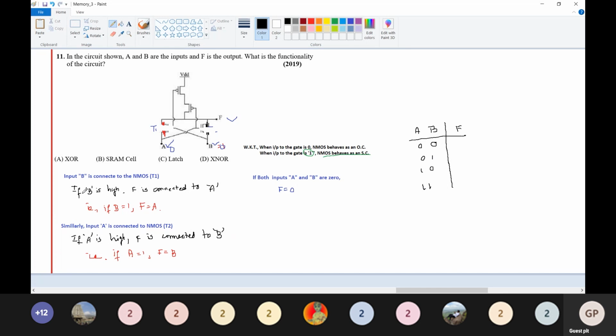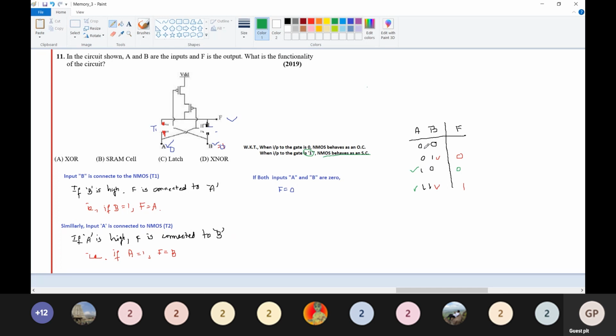Now, if B is equal to 1, F is equal to A. If A is equal to 1, F is equal to B.